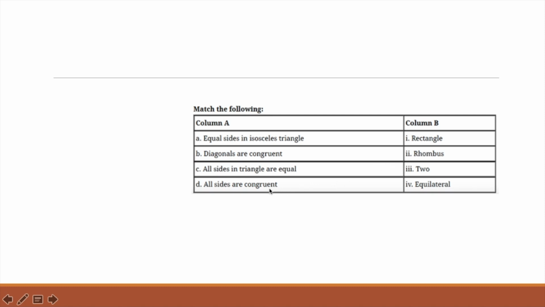So we are giving rhombus the D option. Then diagonals are congruent, we need to give it to rectangle. So that's how it is. So number B is going to 1, which is rectangle, and these ones we already discussed.